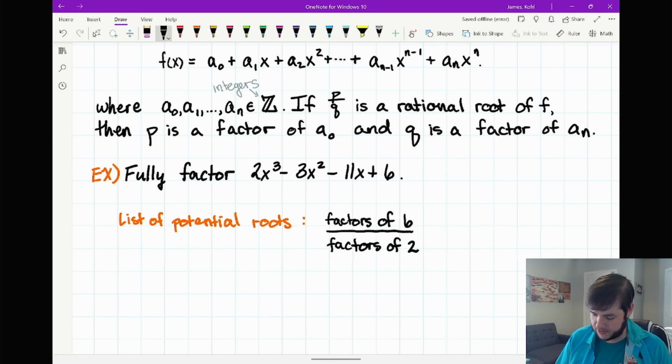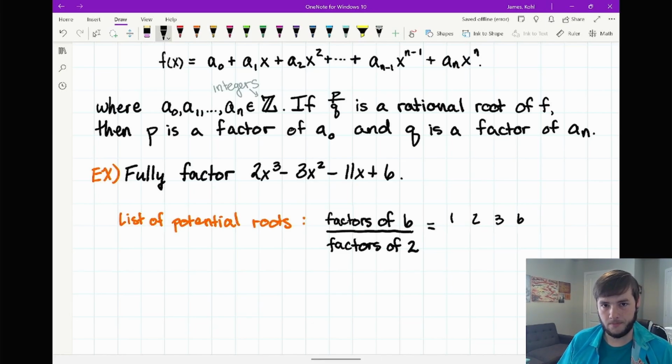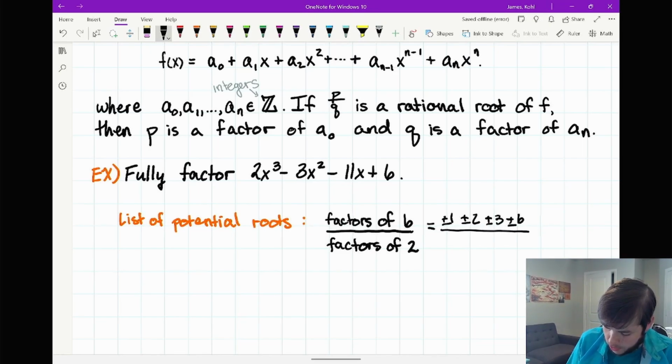Let's write out what that list looks like. My factors of 6 are 1 and 6, 2 and 3, but I could also have the negative versions of all of those, over factors of 2, which are 1 and 2.